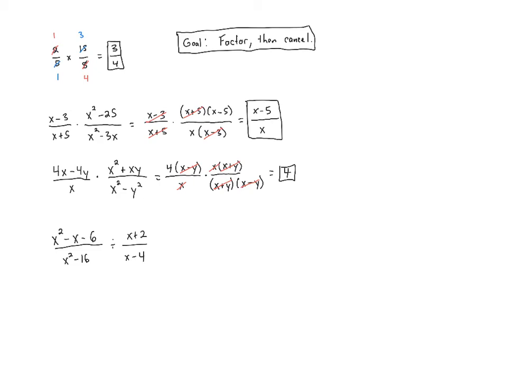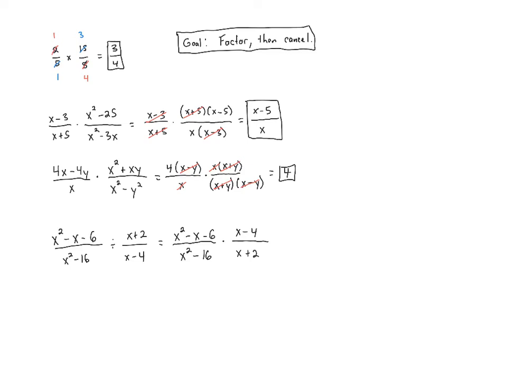Now, we have divided fractions before, and we know that when we have one fraction divided by another, we can change it to a multiplication by flipping the second fraction, and that's exactly what we're going to do here. This becomes x squared minus x minus 6 over x squared minus 16 times x minus 4 over x plus 2.